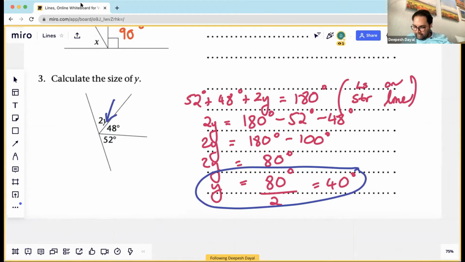So y equals 40 degrees. The person who said 49, does this make sense now? Why it is 40? Yes, sir. Okay, great. And if we plug it in there, 2 times 40 is 80. And then 80 plus 100 will give you 180.